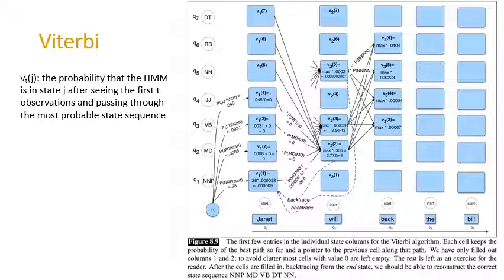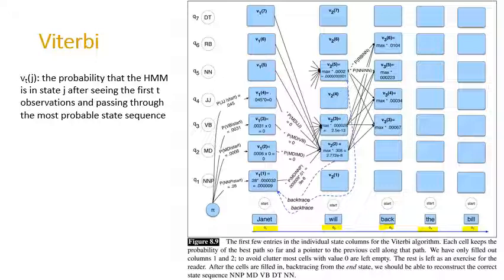So this is an illustration of the Viterbi algorithm. Let's see what these components are. On the bottom you see the words that we can observe. It is given: Janet will back the bill.